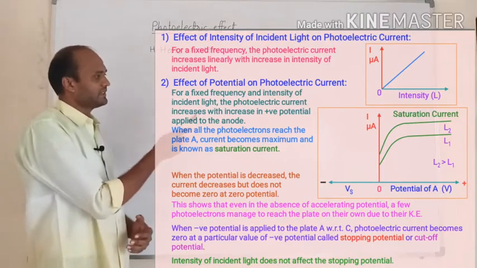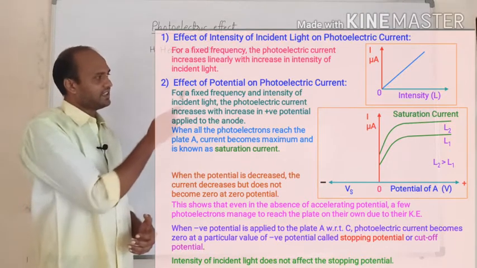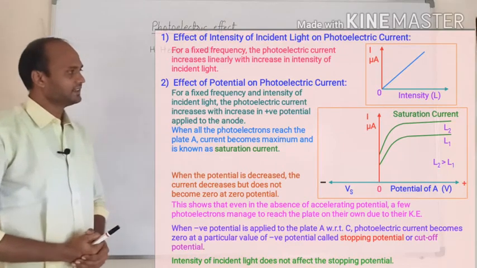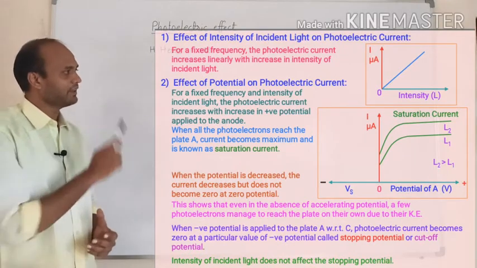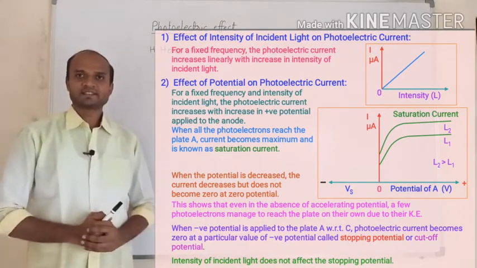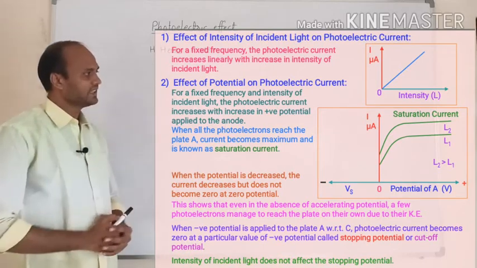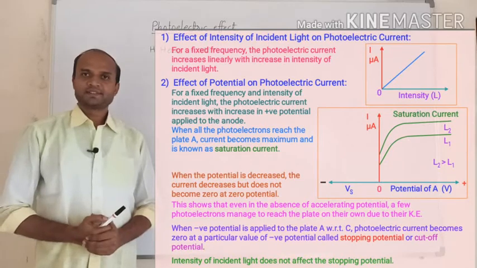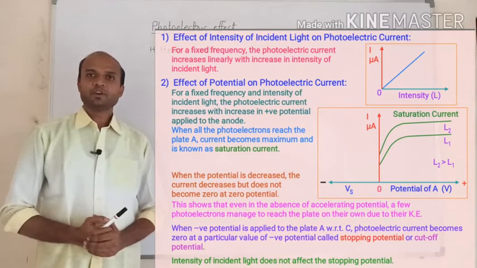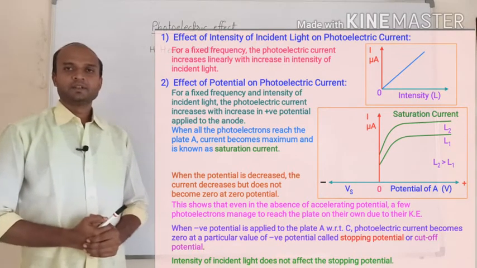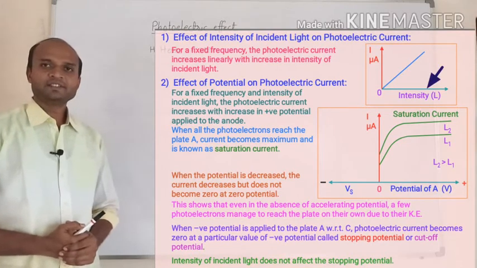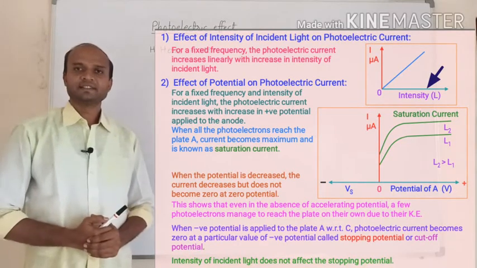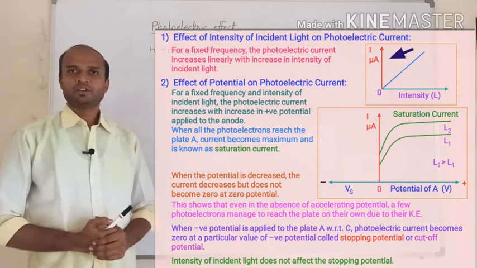Here you can see that for intensity L1 the photocurrent is less, while for intensity L2 the photocurrent is high. It is observed that as the intensity of incident light increases, the photocurrent also increases.